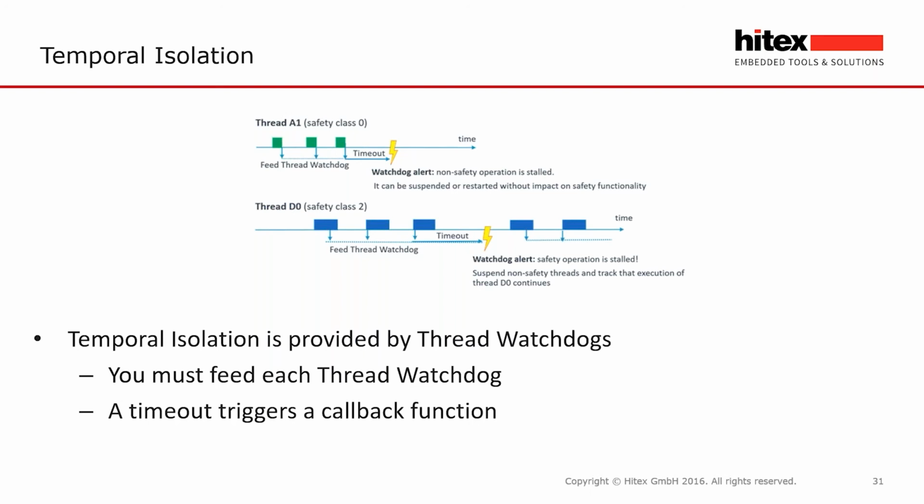So if it's an interference-free component, we could simply stop that thread running and restart it and hope it restarts successfully. If it's a safety-related thread, we can try to take some mitigation, or we can place the application into its fallback mode. But either way, we're monitoring the execution of all of our threads in the code with software watchdogs. If any of them fails their runtime, we can take corrective action.